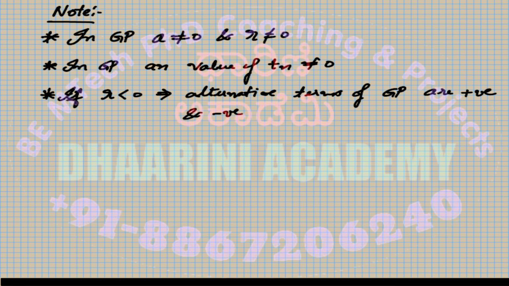So one is positive, the next number is negative, then positive, then negative. If that's what we observe in a GP, then R, the common ratio of the GP, is negative.